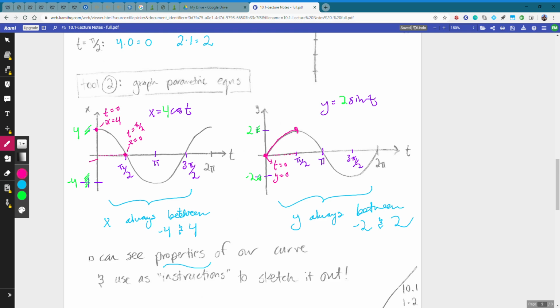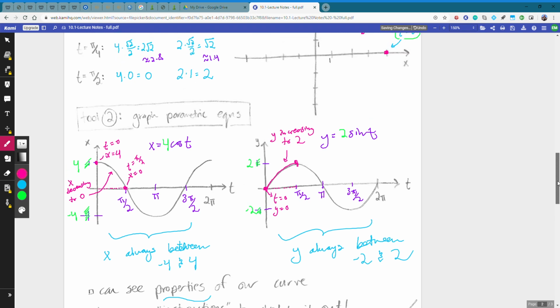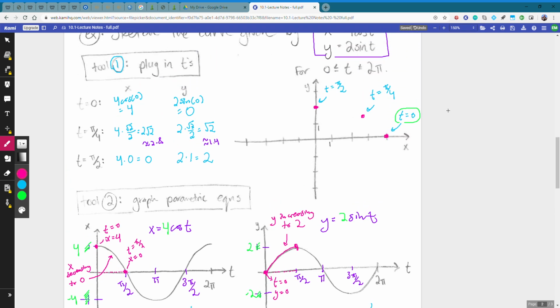And so here, let me see if I can annotate this a little bit. So our x is decreasing to 0, and here our y is increasing to 2, over this range of time from 0 to pi over 2. And so with that information, I claim that we can now confidently connect the dots.